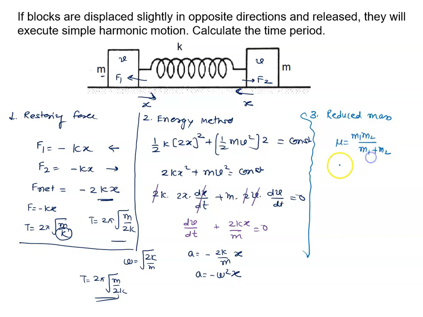Here both the objects are of the same mass, so mu is given by m by 2. Now we use the formula T equal to 2 pi root mu upon K equivalent. So we will say T is given by 2 pi root m upon 2K. So this is the answer of this problem.